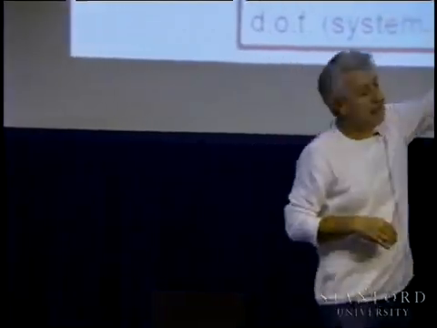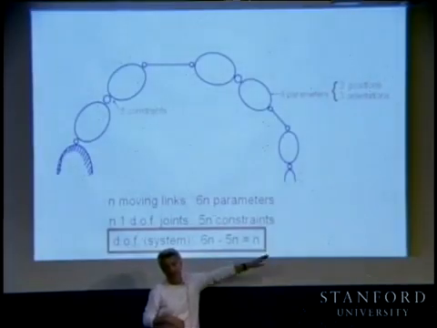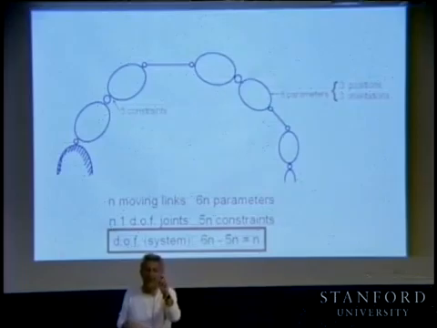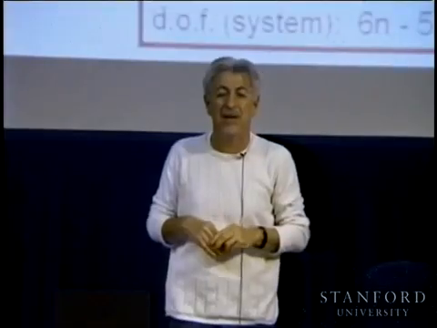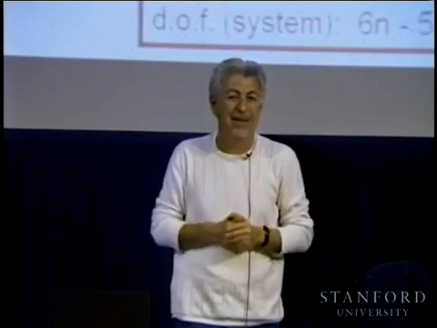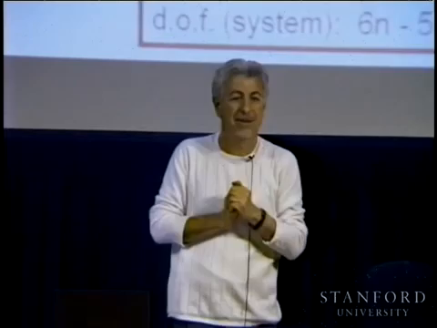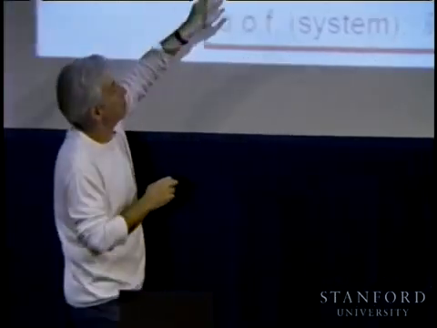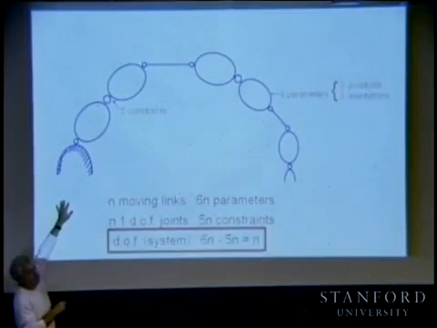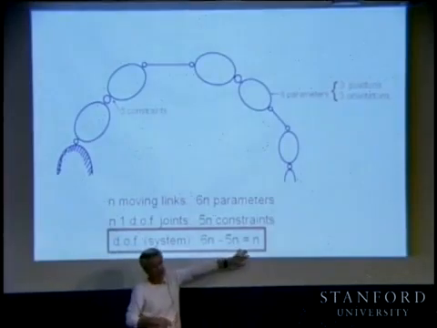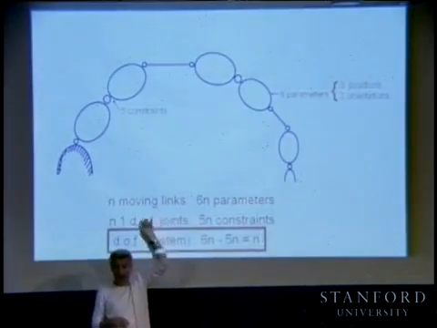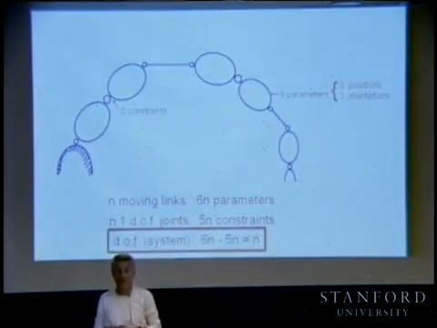So it will be n plus 6. Unfortunately, those last 6 degrees of freedom of the base are not actuated. There are no motors. And that's what makes the control of a humanoid robot very hard. However, in the case of a manipulator, if the base is fixed, we have n degrees of freedom for an n-jointed robot. Okay? Clear?